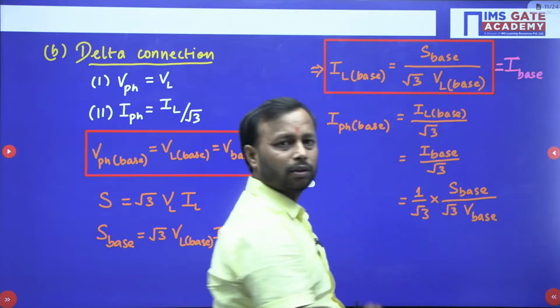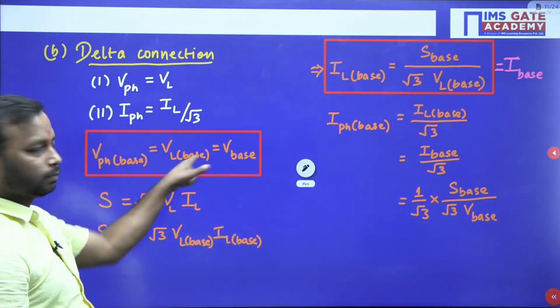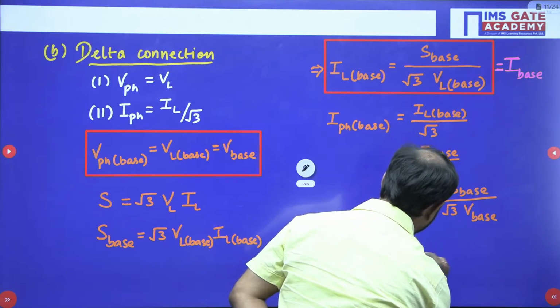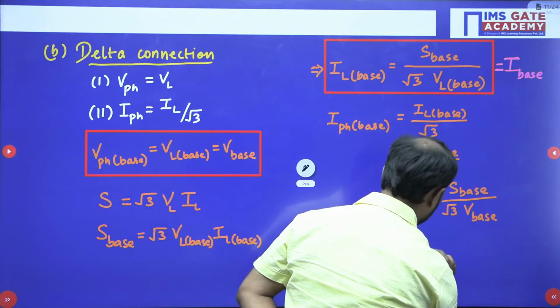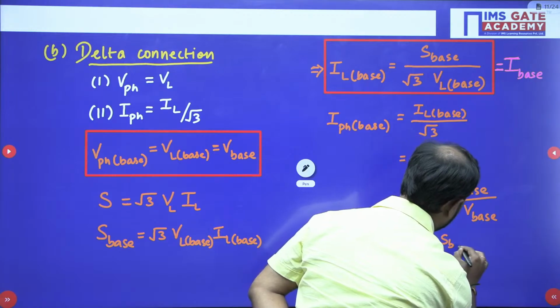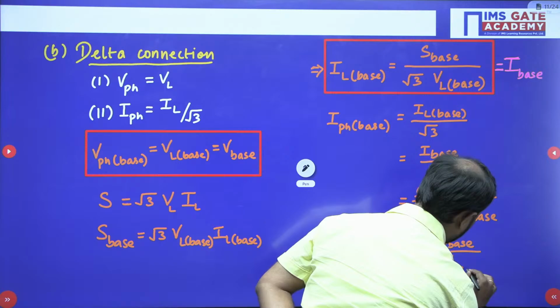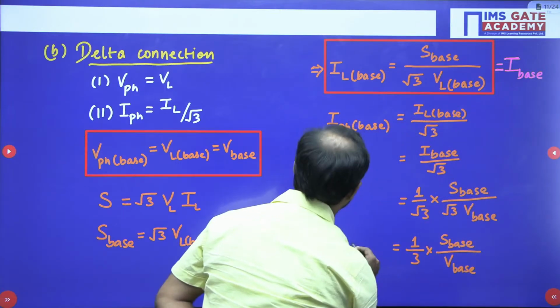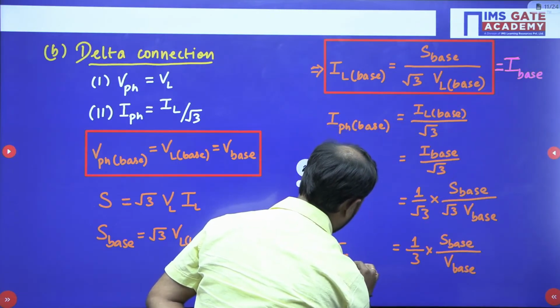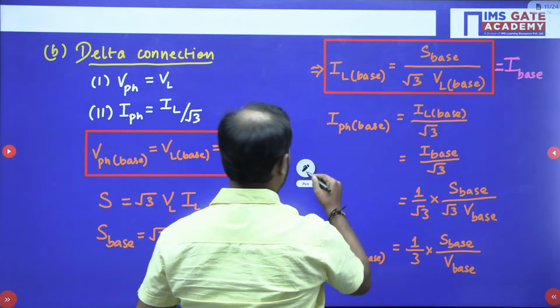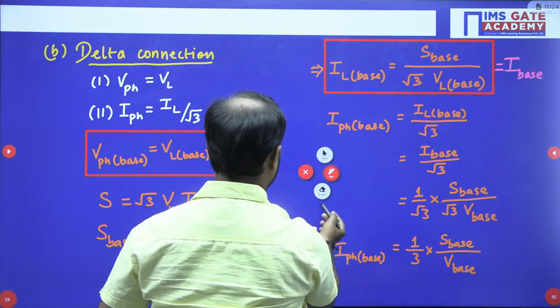VL base we had written as V base, so here we get V base. Done. So we can write it further as 1 by 3 into S base divided by V base, which is nothing but the I phase base. Okay, let me box this.